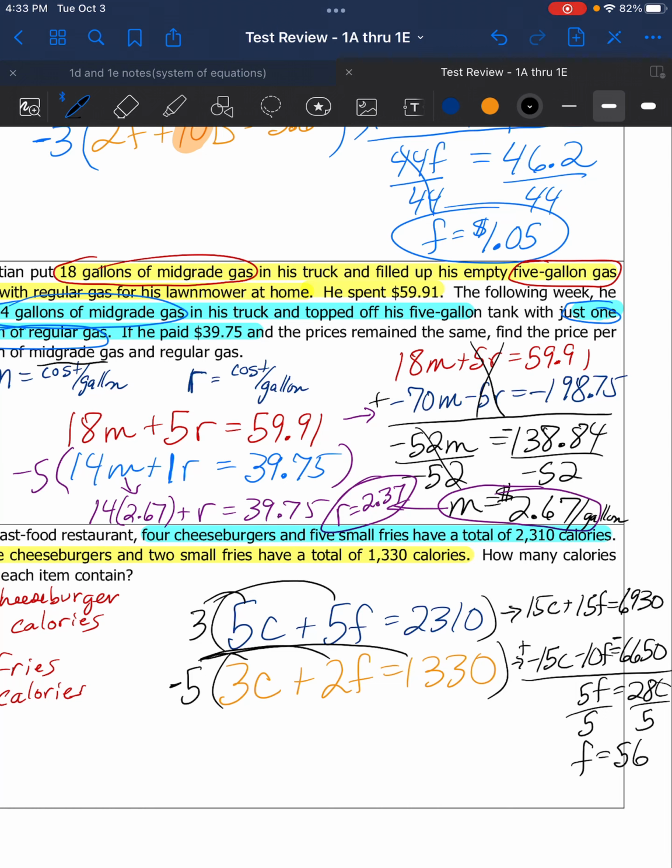Oh, did I write the wrong stuff down? Oh my gosh, I did. I wrote the wrong number all the way up top. That should be a 4. So that should be a 4 down here.